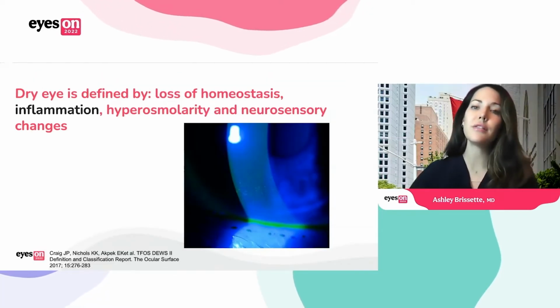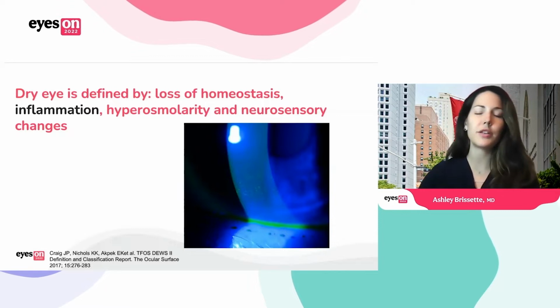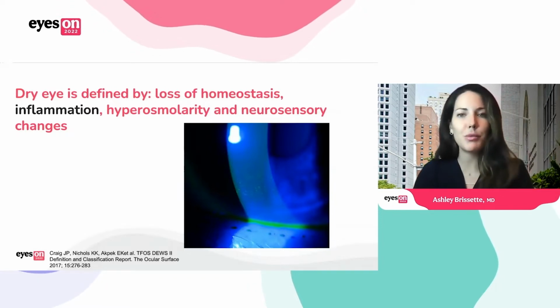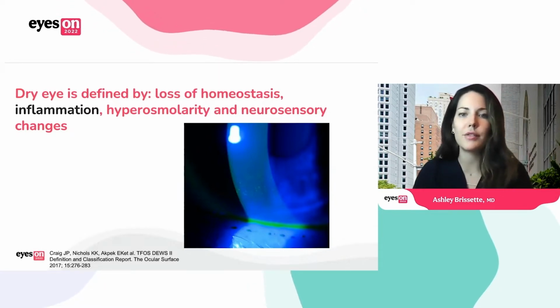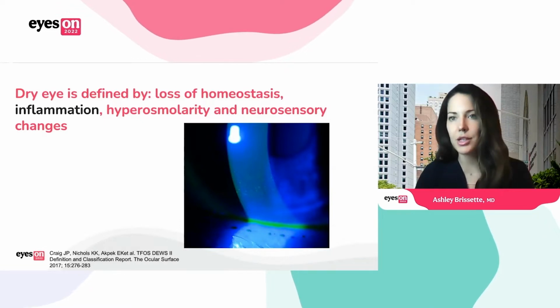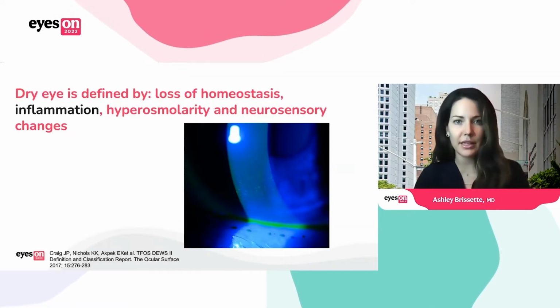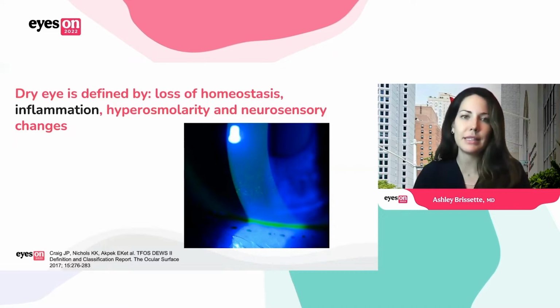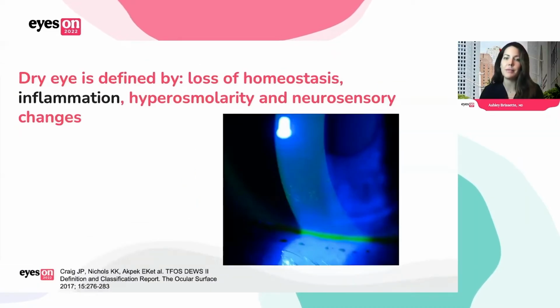So the loss of homeostasis we know occurs due to underlying inflammation. And as I mentioned before, inflammation is the root cause of dry eye disease. So treating the inflammation is really necessary in terms of getting these patients comfortable, getting them seeing better, and improving their symptoms and signs of dry eye disease.